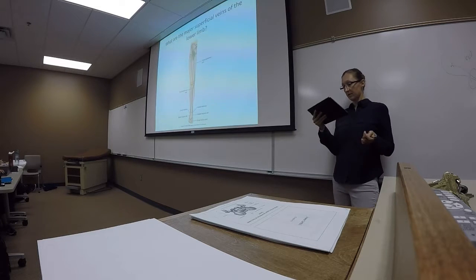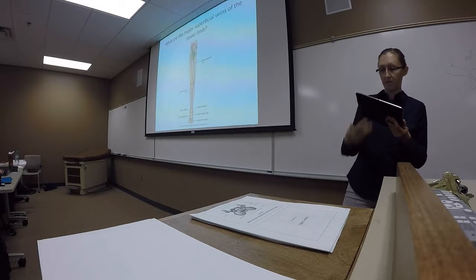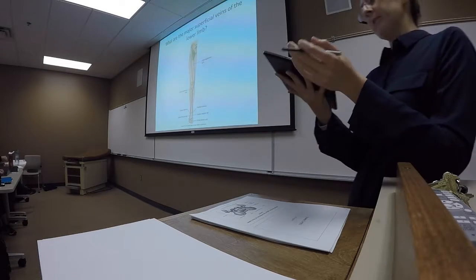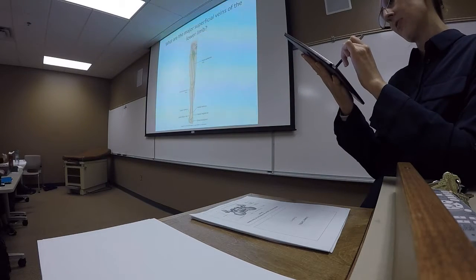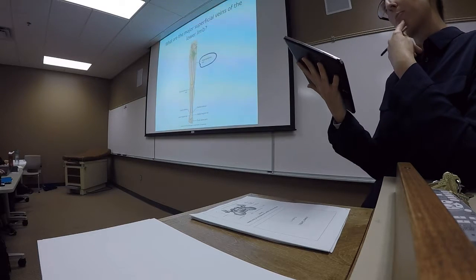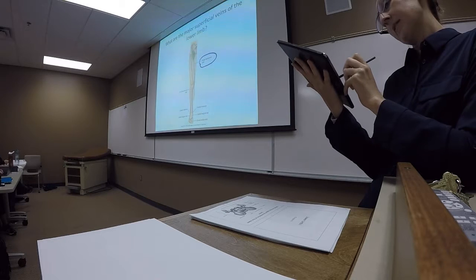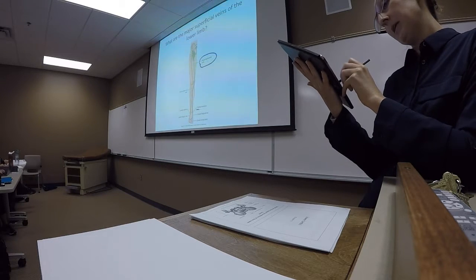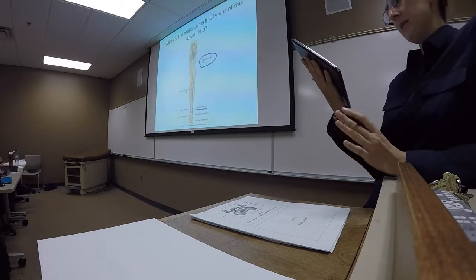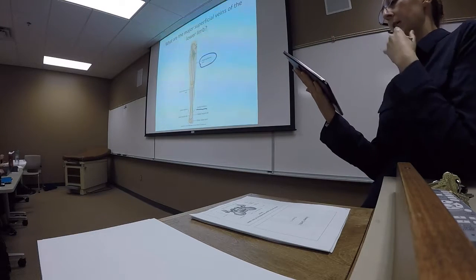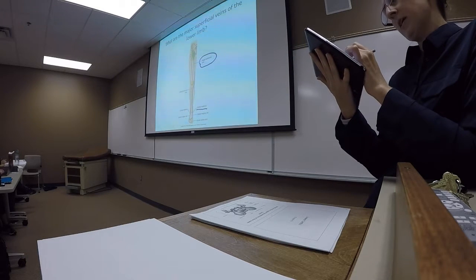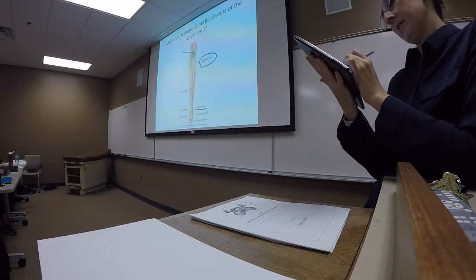Finally, I just want to touch on a couple of the major superficial veins of the lower limb. One we've become quite familiar with is the great saphenous vein. This one begins right about the level of the medial malleolus, runs up the medial portion of the leg and the thigh, and eventually drains into the femoral artery.